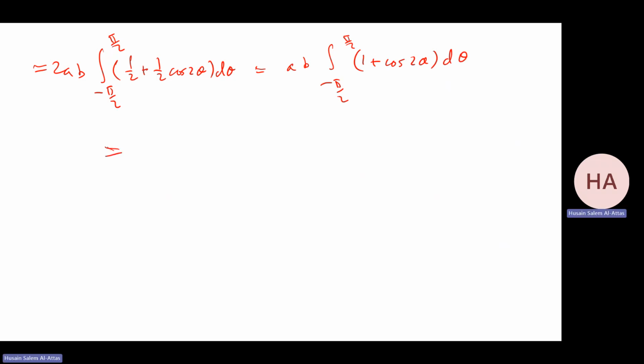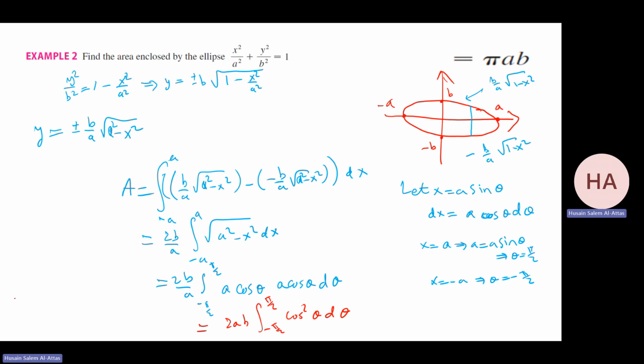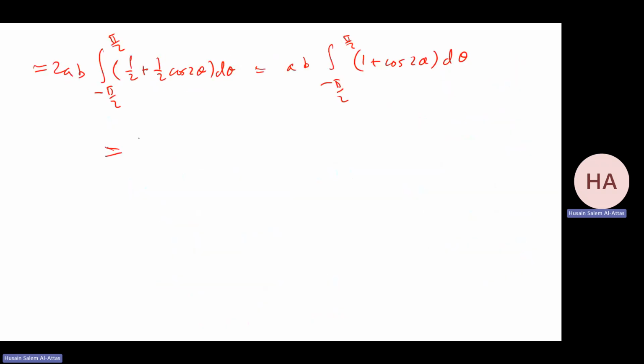Did I do any substitution? No, that's the only one. So now do the integration. That will be ab times theta plus half sine 2 theta, from minus pi over 2 to pi over 2.